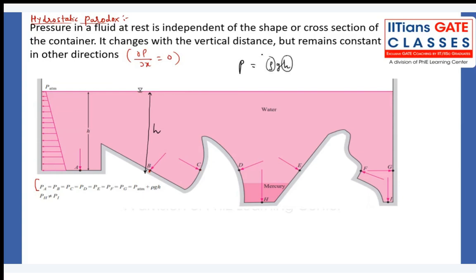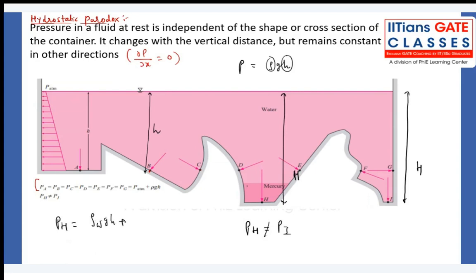The moment you change the density, even though the same height capital H is there, the pressure at H is not equal to the pressure at I. Why? Because the pressure at point H will be rho of water g times small h plus rho of mercury g times (H minus small h). But when you look at the pressure at point I, what you observe is rho of water g into capital H. As you can see, they are not equal.